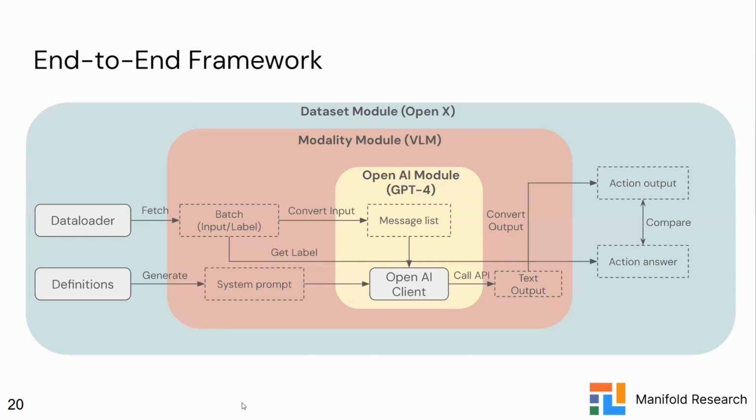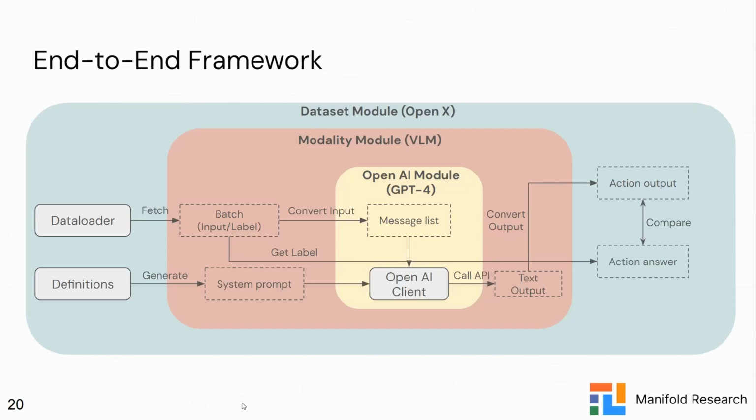Now, a dataset model can have a modality model, which deals with the modality-specific logic. Here, GPT-4o is a VLM, so the VLM model handles the batch and converts each input into a format that the VLM can take. For example, if the input is an image or text, it just passes the input as is.